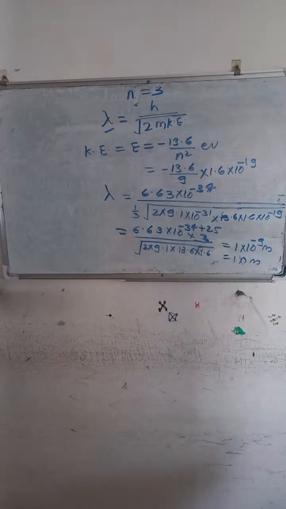So write down the next question. The ground state energy of a hydrogen atom is minus 13.6 electron volt.